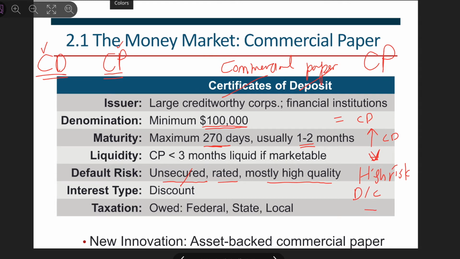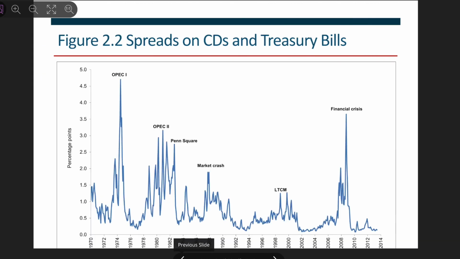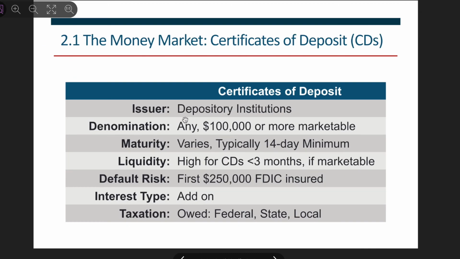So why does the same money going in give different results coming out? Because of the issuer, right? Commercial paper is issued by corporations and any financial institutions, but a CD can only be issued by depository institutions. So these are different.